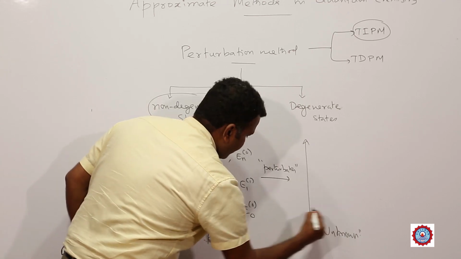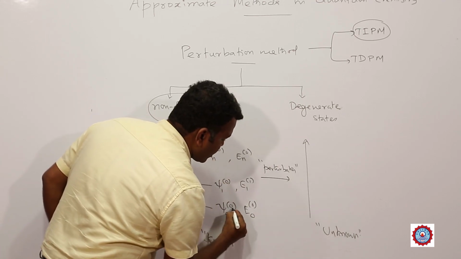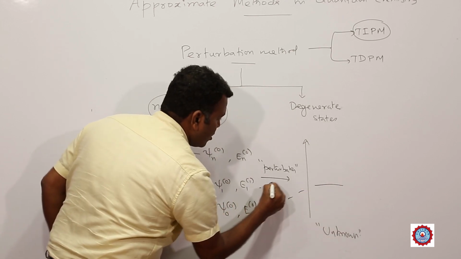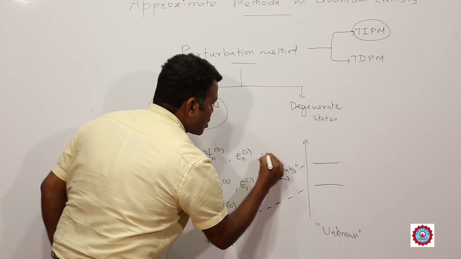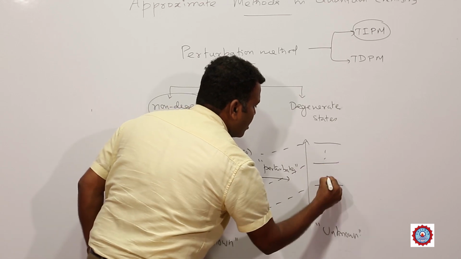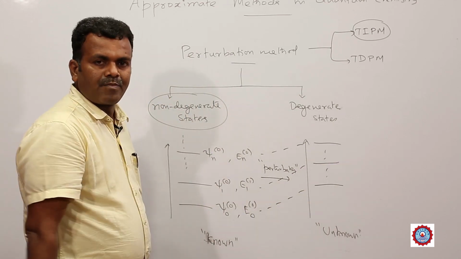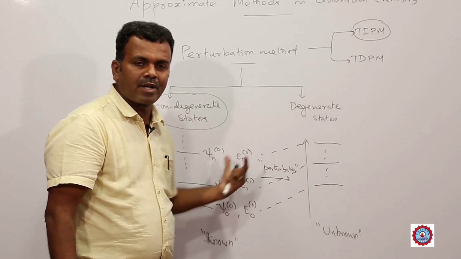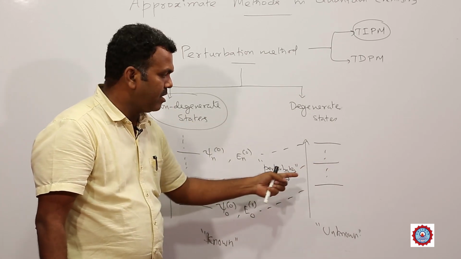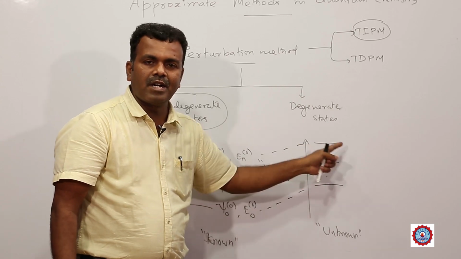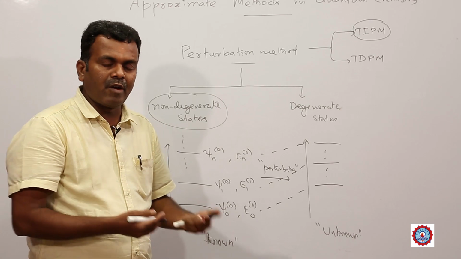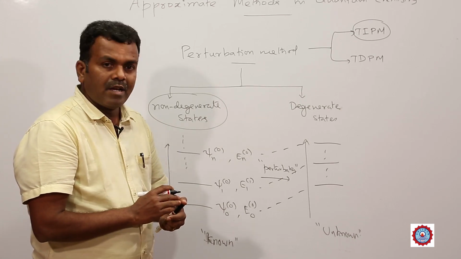Suppose we assume that the energies of these levels increase due to the applied electric field. When the energies change compared to your known system, then the wave function and the energy of these states become unknown, and we have to calculate that.